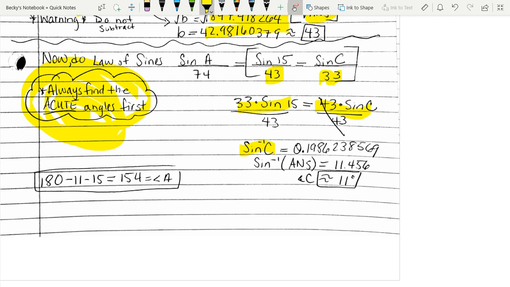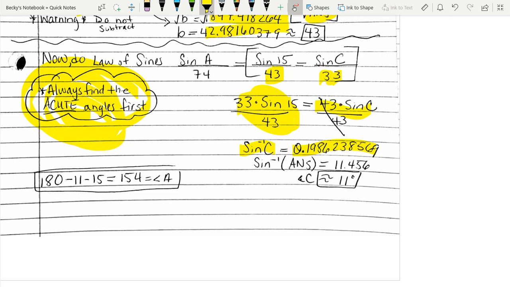Now, here's a good hint. After you take all of this and type it into your calculator, you'll get an answer of 0.1986. If you rounded that to the nearest degree, that's 0. Hopefully you're saying to yourself, that doesn't make sense that my degree is 0. That's because you still need to take the inverse of it.